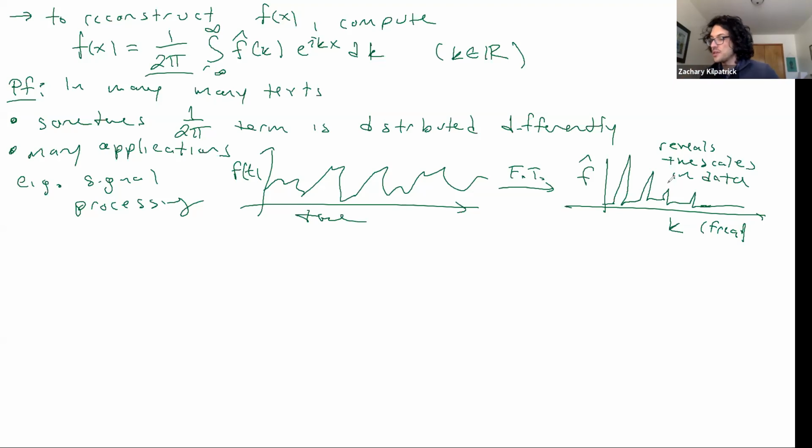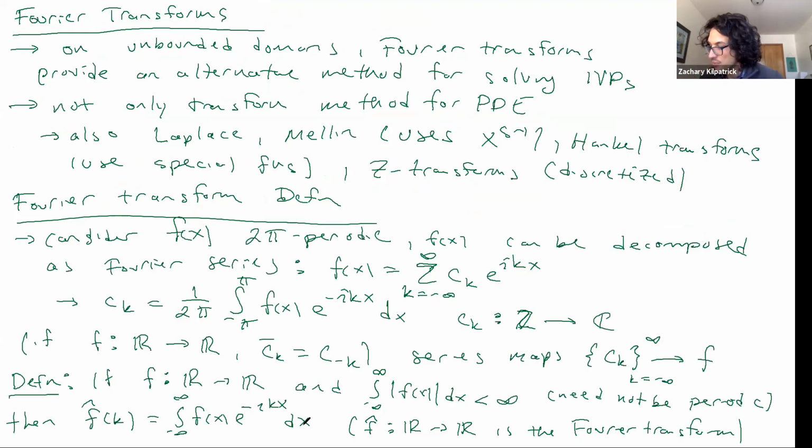Yeah. So the discrete Fourier transform is just going to be like a Riemann sum. It's going to be a sum instead of an integral in this case, right? Because you're not going to have values of f at all values of x. But the DFT, in the limit as you take the mesh size to be small, you will recover the continuous Fourier transform.